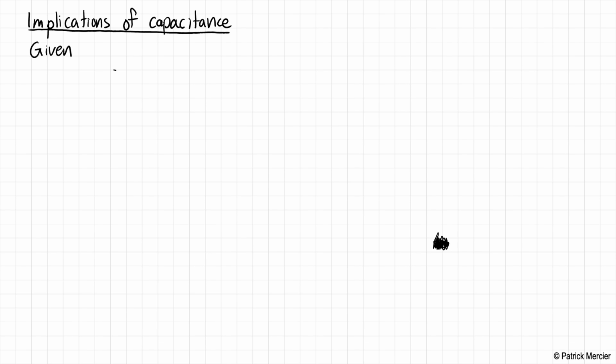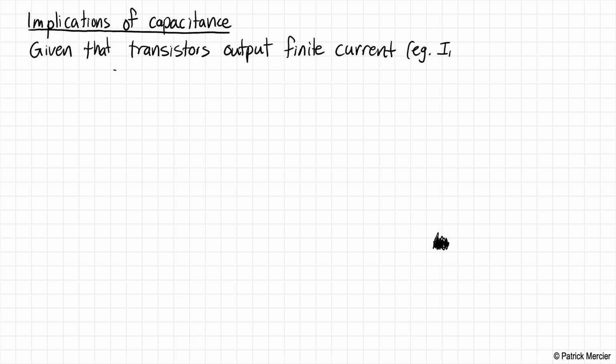So given that transistors output finite current, for example, ID sat, we have an NMOS or PMOS transistor that is saturated. It can't push more current through than the on current of the device.